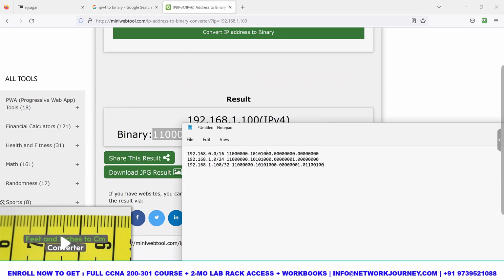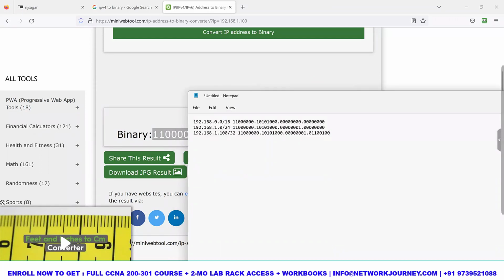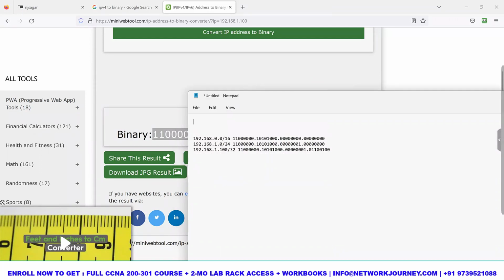So in this case, you need to check which one has the longest match with respect to the IP. If you have 192 as your destination IP, which should be, let's assume, this. Okay. So which one is most relevant to that? See, till this point it's relevant. After that, you see it is different.